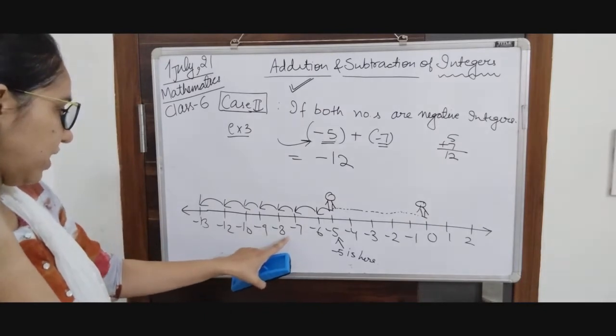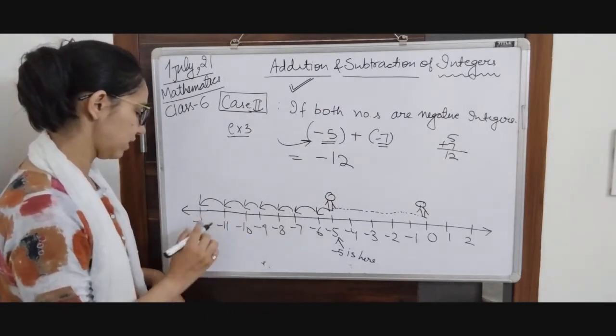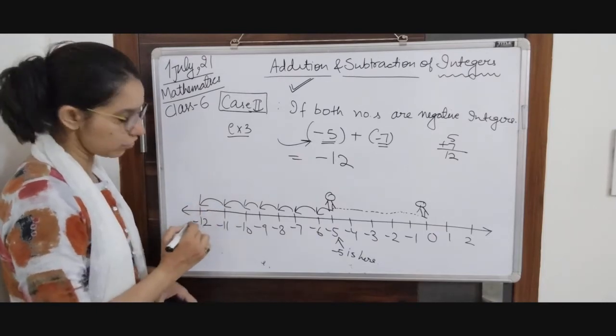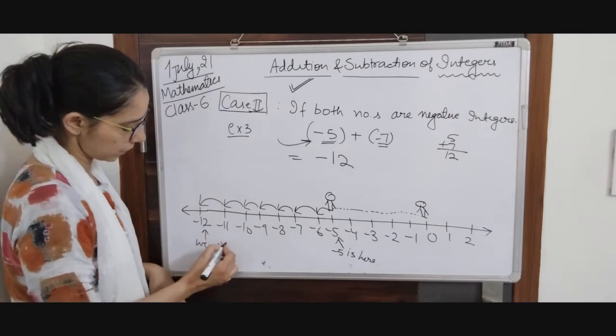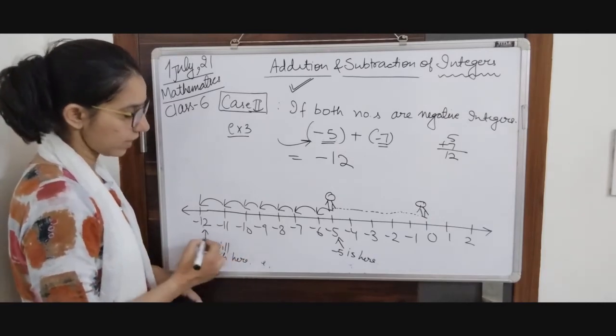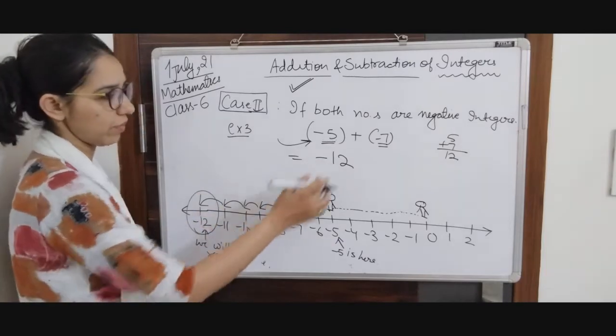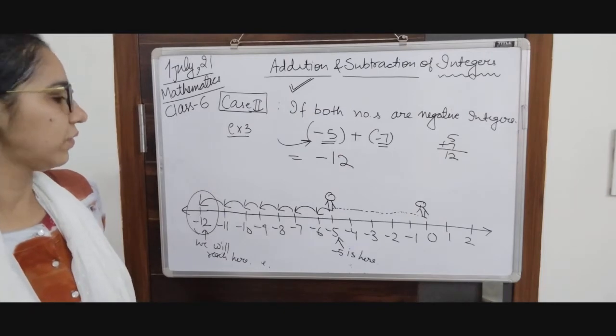Okay, I forgot to write 11. 11 and this is 12. So we will reach at minus 12. And this will be your answer, minus 12. In both the cases, your answer is going to be the same.